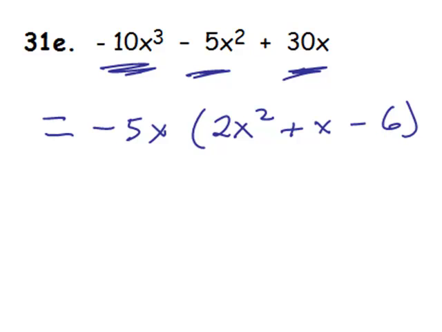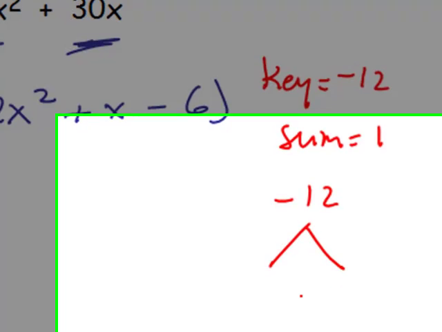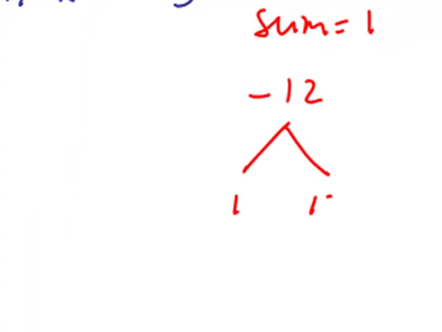Here the key number or product number is negative 12, and the sum number is positive 1. Negative 12: 1 times 12, 2 times 6, 3 and 4.